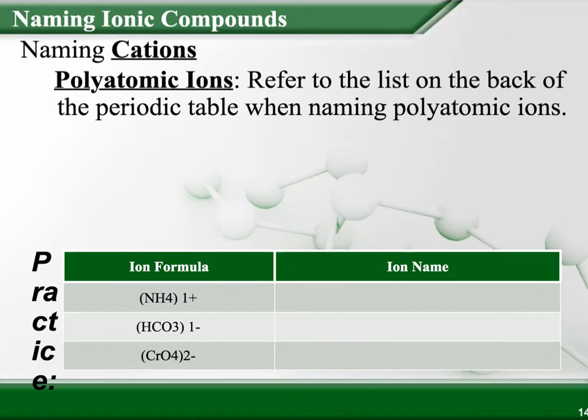We do have some polyatomic ions that are cations. So even though I'm talking about the polyatomic ions in the cation section, please realize that there are anions that are polyatomics, and we're going to treat them the same way. So we'll refer to the back of our periodic table when naming polyatomic ions. So find NH4, and when you do, you will see that it is called ammonium.